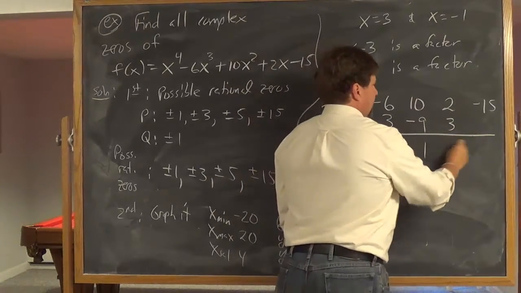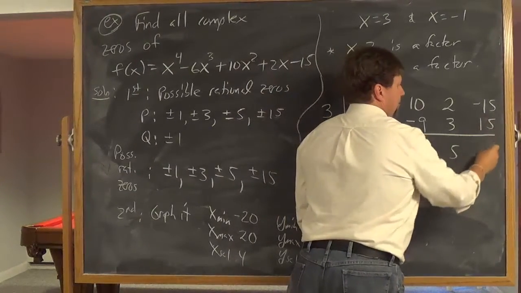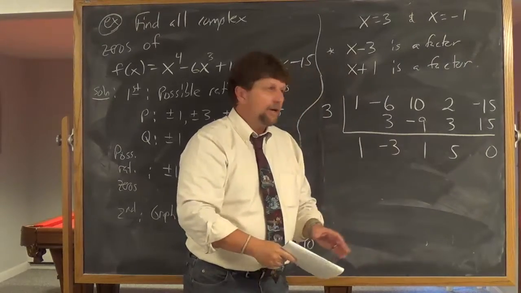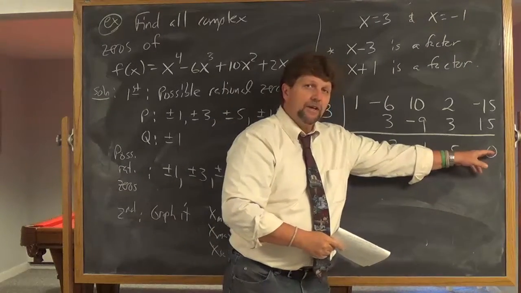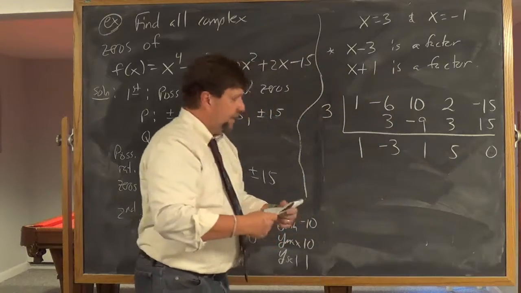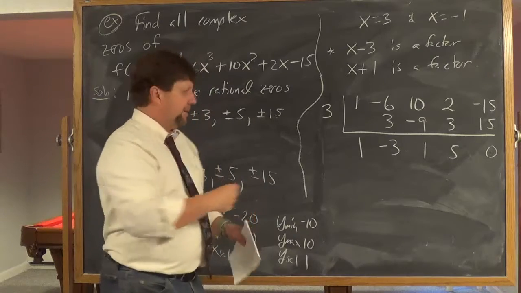Add them together, so that's 5. 3 times 5 is 15. Add them together, we get 0. It's not a surprise we get 0. That's the remainder. Since it's a factor, we have to get a remainder of 0. And at this point in time, let's do a little progress check.